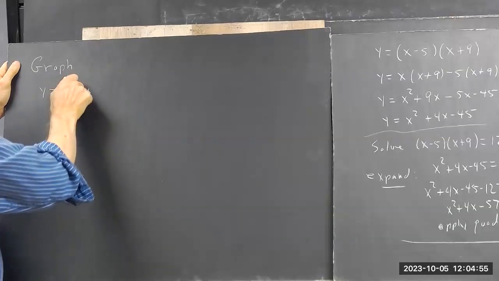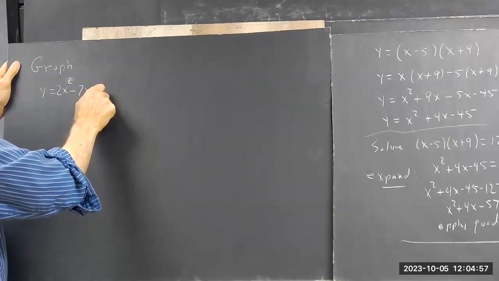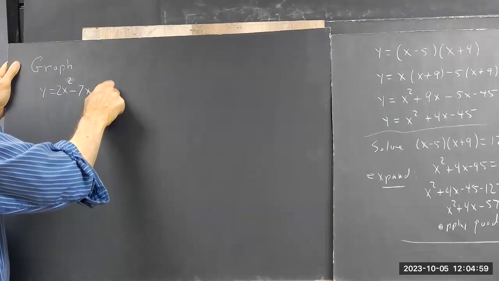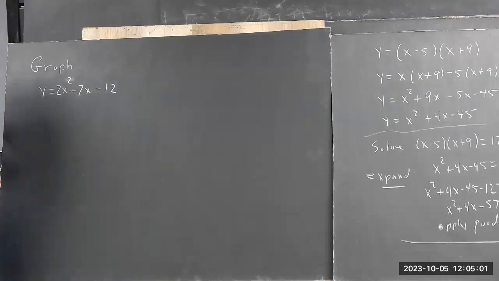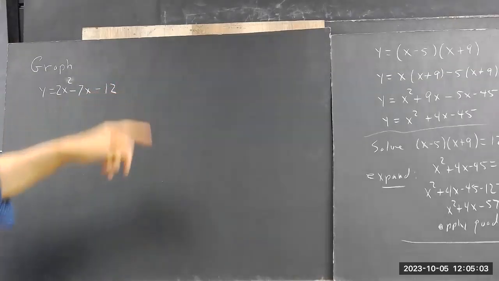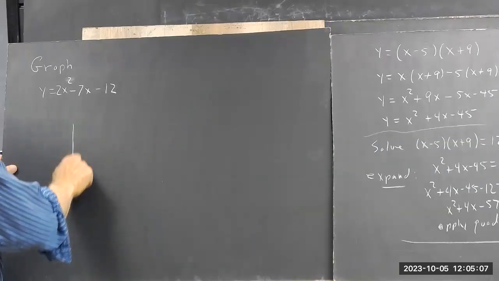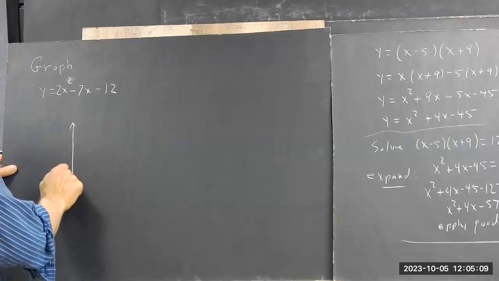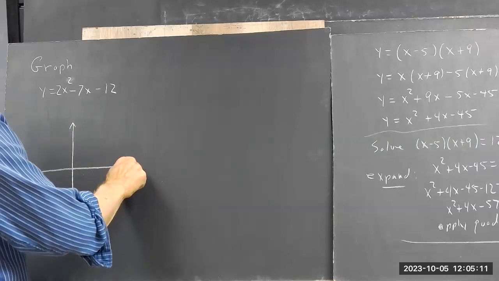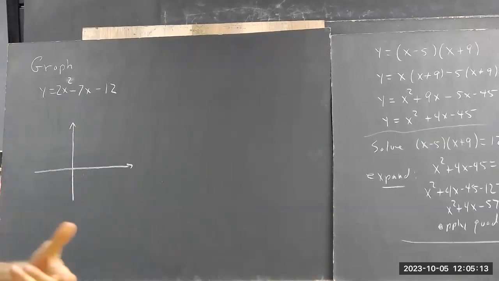It's squared, not hidden. I want to graph this thing. Oh, we start with the graph. Can you find the y-intercept?